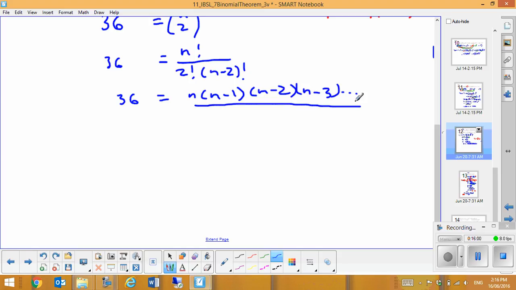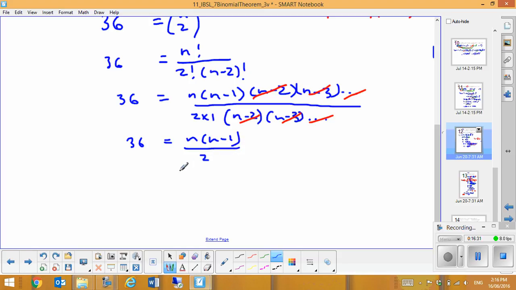All divided by 2 times 1, then n minus 2, n minus 3, etc. So now we can see how we're going to get some things that cancel. So that will cancel, n minus 3, and everything else continuing will cancel out. So now we can say that 36 equals n times n minus 1 over 2.